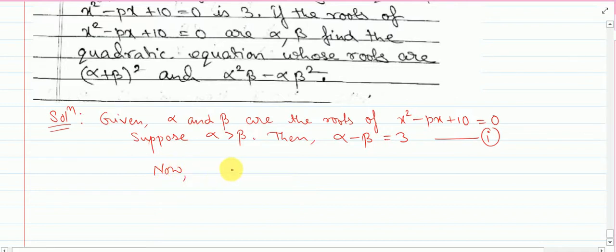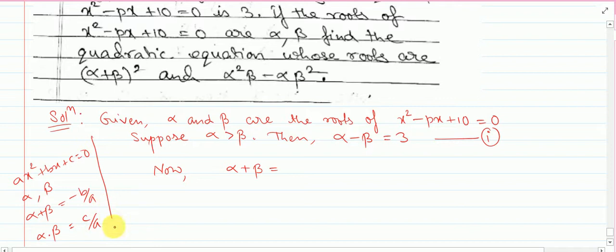Now you know that if your quadratic equation is ax squared plus bx plus c is equal to 0, and alpha and beta are the roots of this quadratic equation, then the sum of the roots is given as minus b upon a, and the product of the roots is given by c by a.